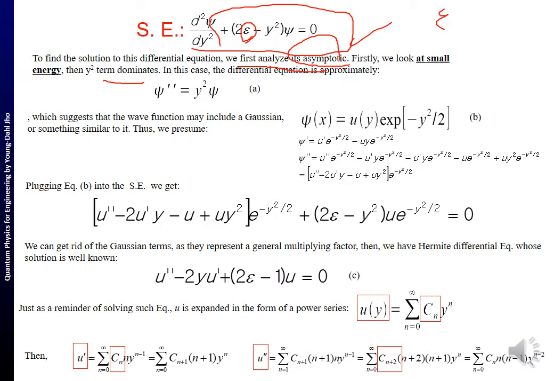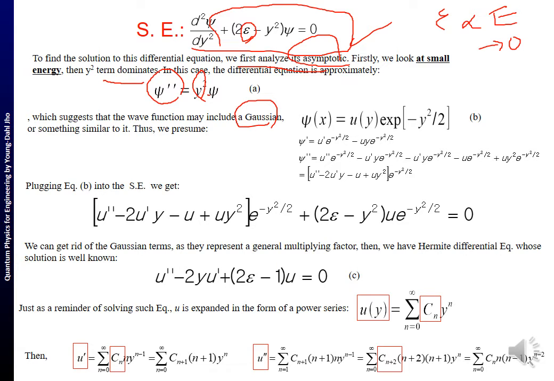Epsilon was proportional to energy. So let's say it is very small. Then psi double prime equals y squared psi, which suggests that the wave function may include a Gaussian, because the second derivative induces a y squared term.